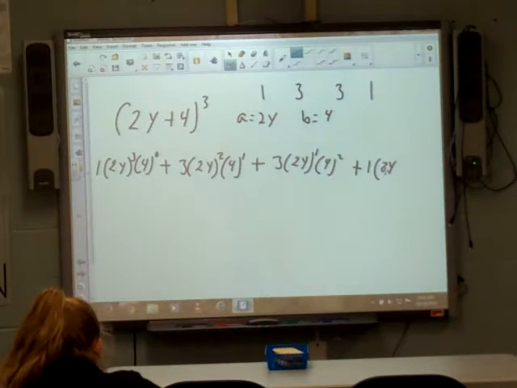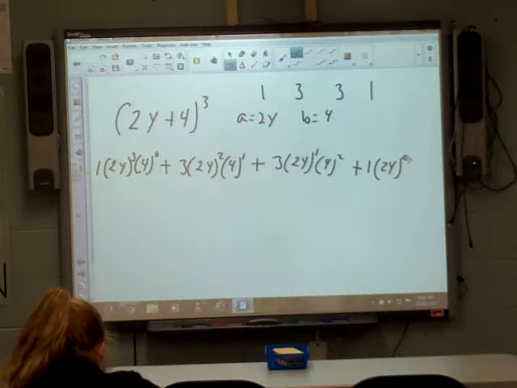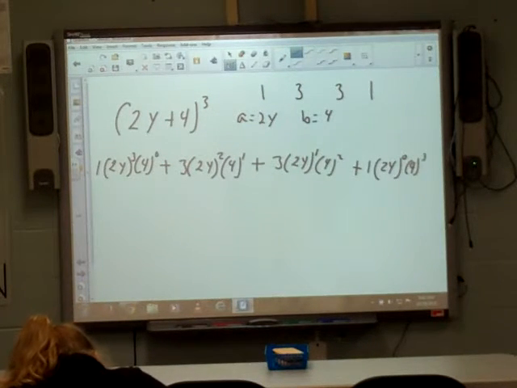But not by 4, because that's 4 to the 0, which is 1. And the 0 power is always 1. But 4 to the 0, and then the 0 is 1. Oh, wait, never mind. I was right.